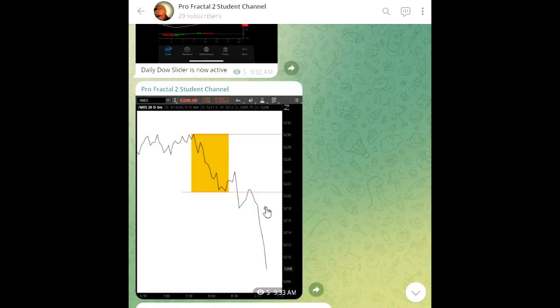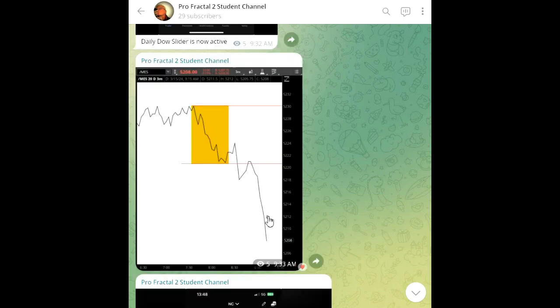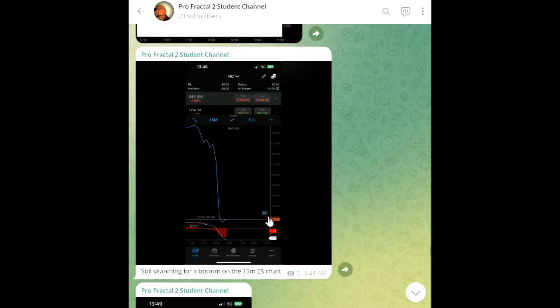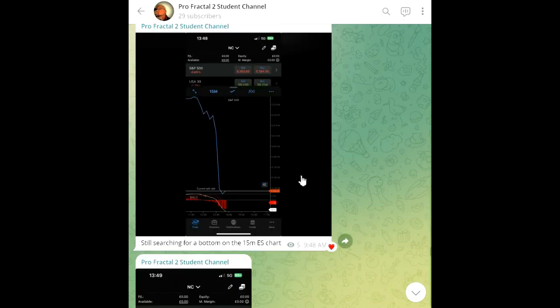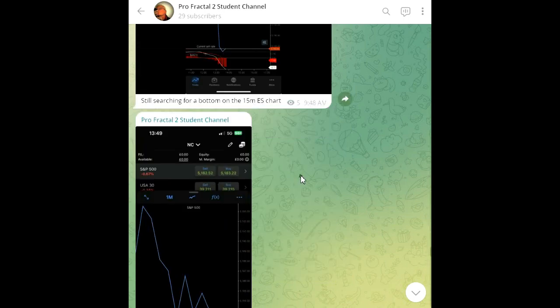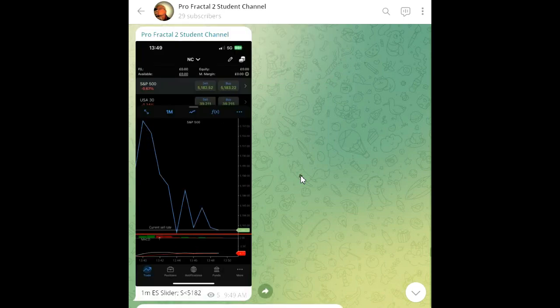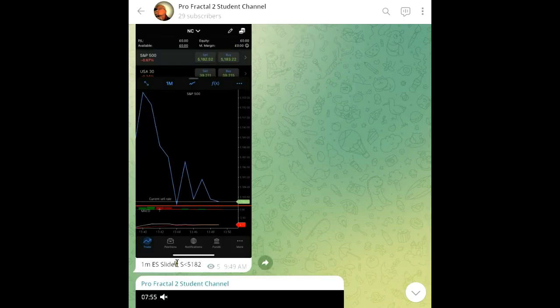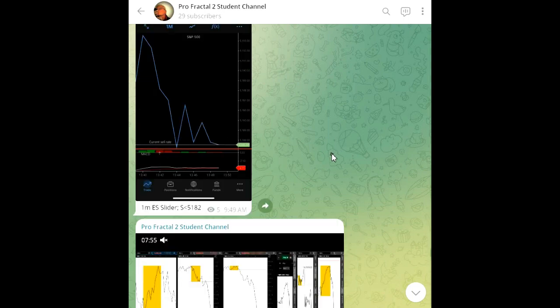There's your 7 down fractal, keeps decaying. And then he's scanning for a bottom on a 15M chart. And we have a 1 minute slider for day traders.